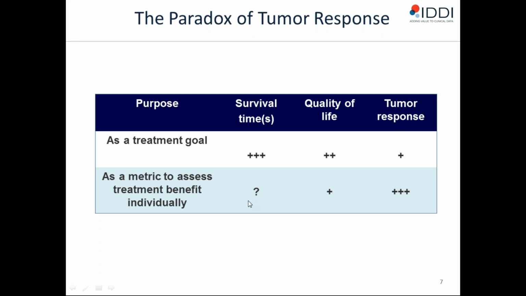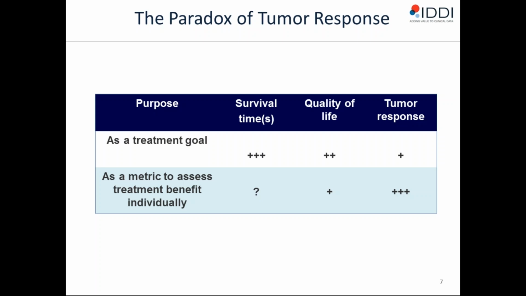However, for the individual patient, of course, survival time has no meaning, because in one single patient you can never tell what would be their survival with another treatment. So you cannot use survival to actually assess the benefit of treatment in one single patient.